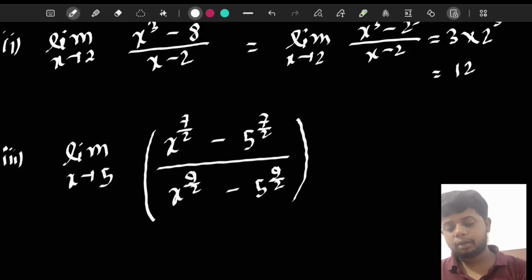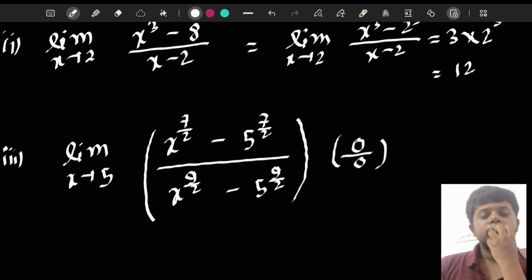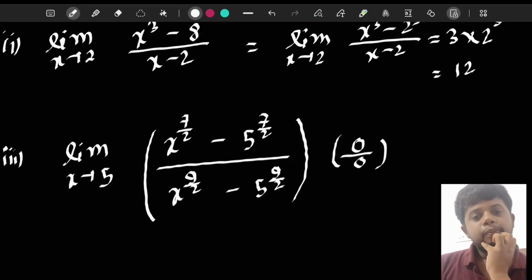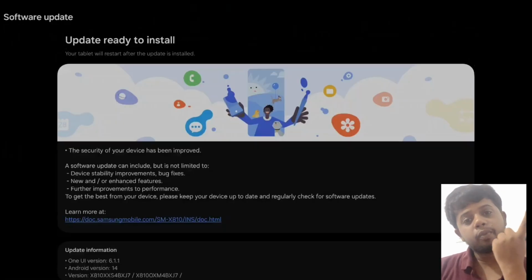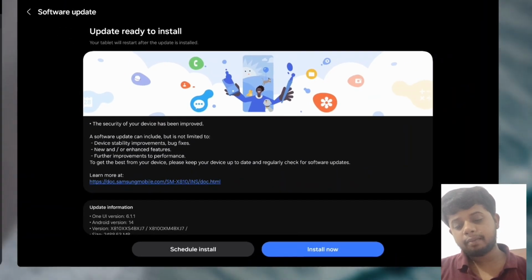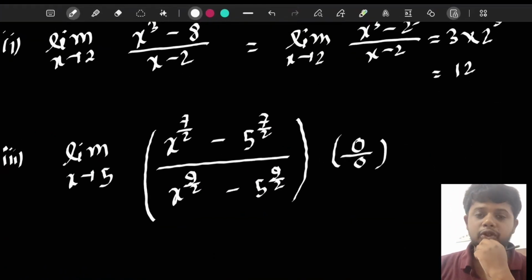First, if I put 5 here, we will get the form of 0 by 0. Correct? You will say yes, sir, correct. But the thing is, how will we apply the formula here? Because we know the limit x tending to a of x power n minus a power n, but here x power n minus a power n is in the numerator and also in the denominator. How to solve that? Think.